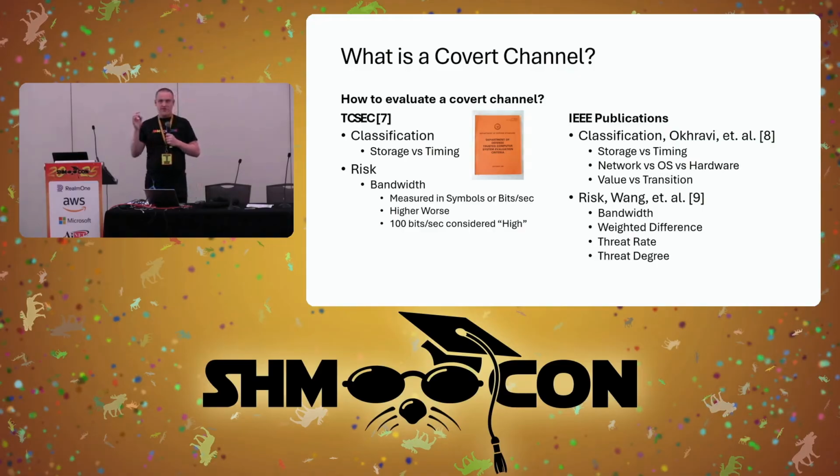If you have a VoIP line with a side channel leakage and you can listen to the conversation, listening to a Domino's order doesn't matter so much. But listening to HR talk about PII, that's of more value, more risky. Then they talked about threat rate, which is the immediate risk based on bandwidth and weight difference at a specific point in time, and threat degree, which is how much risk there is over a period of time. So 9 to 5 is more risky than, say, midnight to 5, depending on what the channel is.